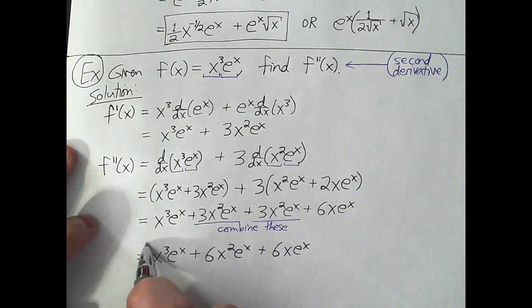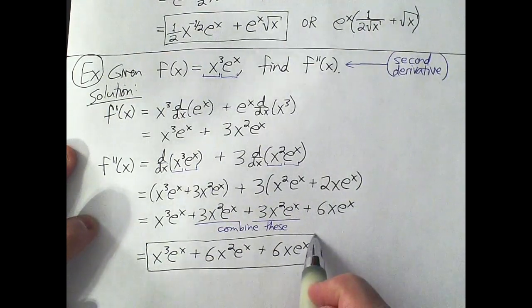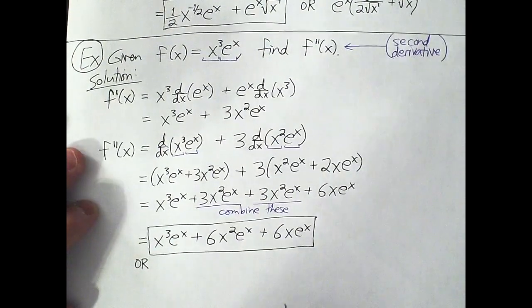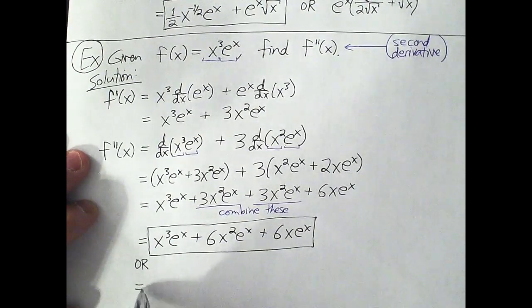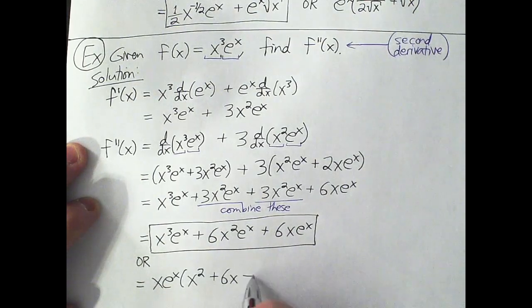So I'm going to say that we can leave the answer like this. Or, you know that I've been writing some of these today in more than one way. I think that this last step is optional. You could pull out x e to the x from every term. And then you would have x e to the x times (x squared plus 6x plus 6). Either one of these answers is fine.